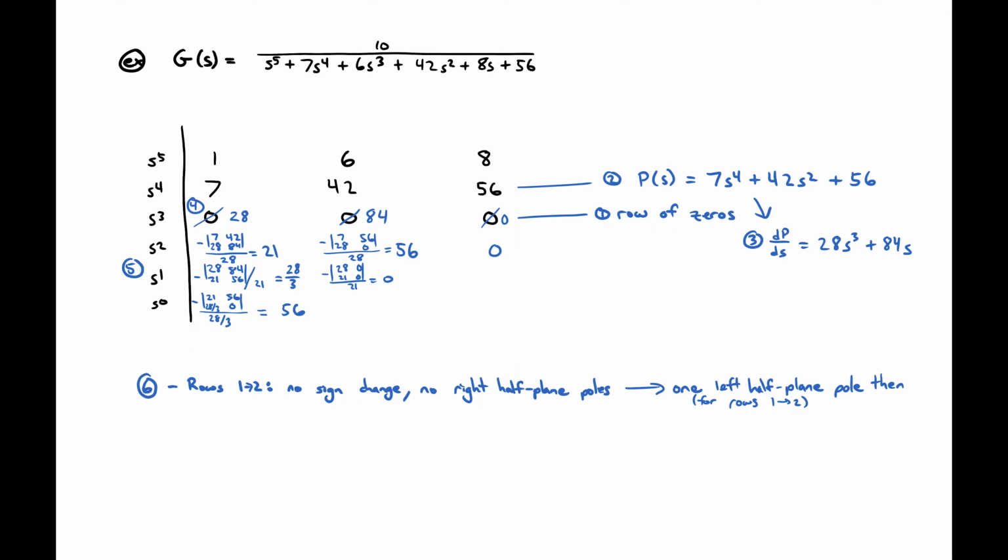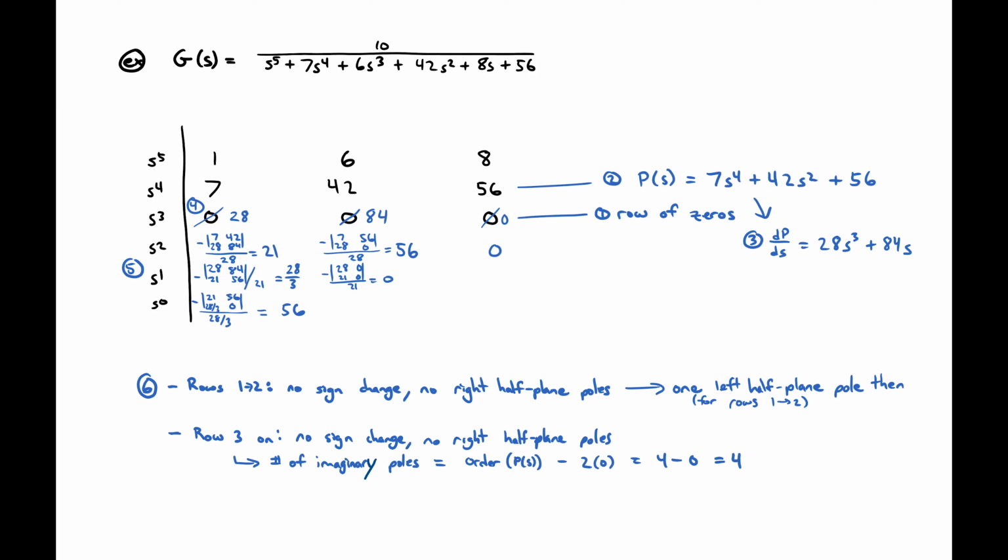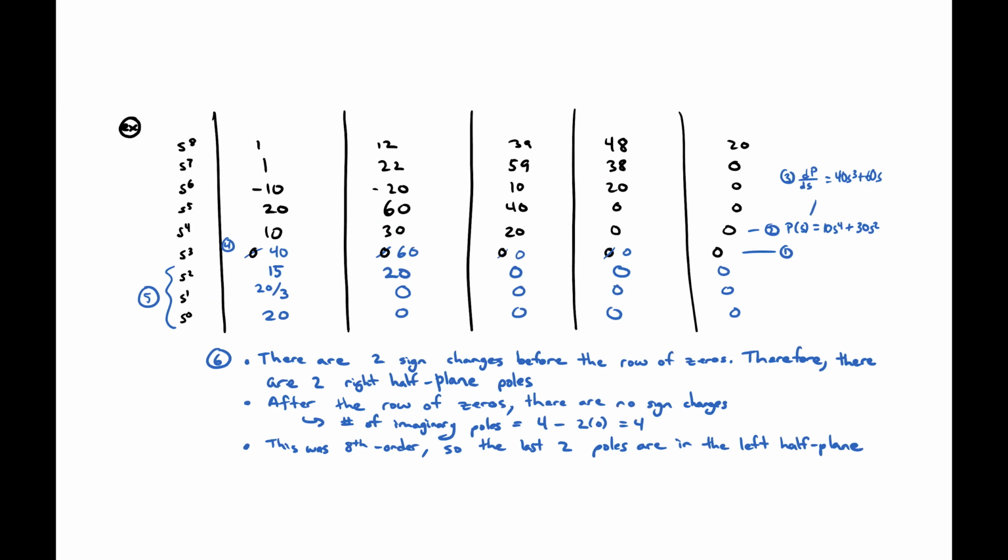We had no sign changes, so that's one left half plane pole. Then we look at rows 3 on, we had no sign changes, so no right half plane poles, which means that the number of imaginary poles is just going to be all the other ones that we have left over here. So we had one that was in the left half plane, and then the rest are going to be imaginary based off of that other criteria.